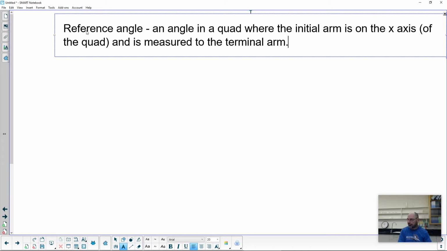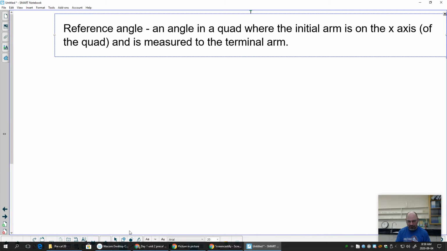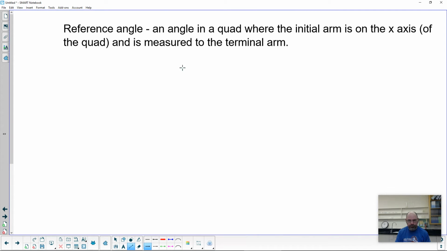What does that look like if we do an example? Well, let's draw in our quadrant again. Each quadrant will have its own reference angle. Quad 1 will have the standard position angle and the reference angle be the same.